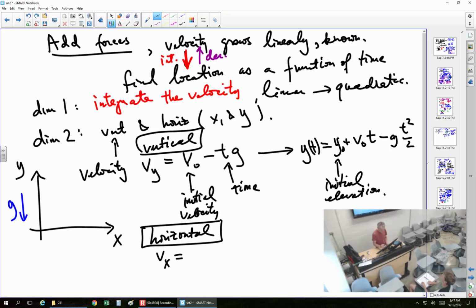I can't work out the notation quite properly. It will be constant, v sub x, and so x of t is equal to x naught, the initial location, plus v x t. Once again I integrated. I wrote vy, I'm sorry about that. This is the initial location.